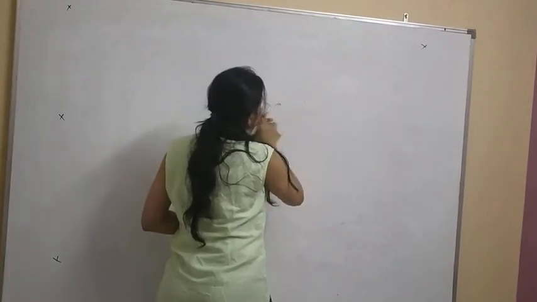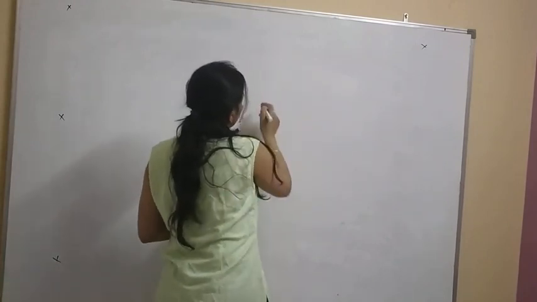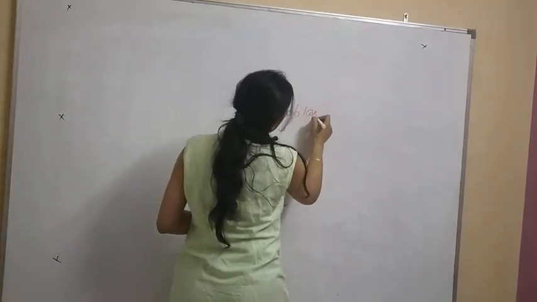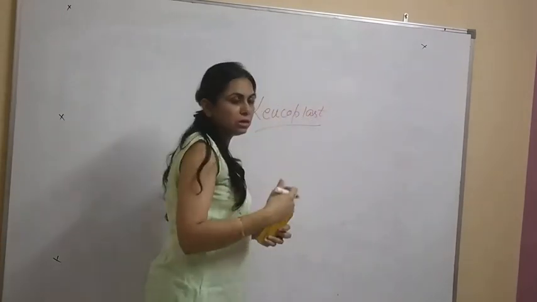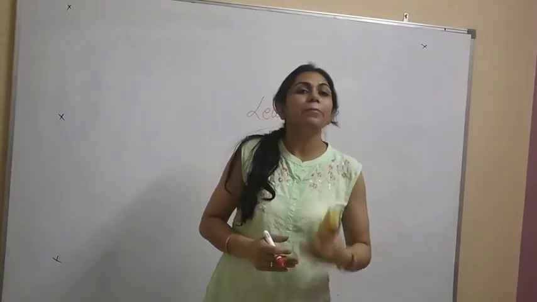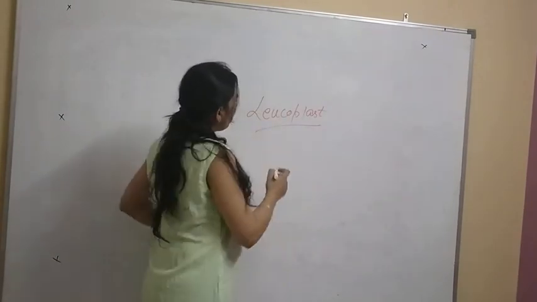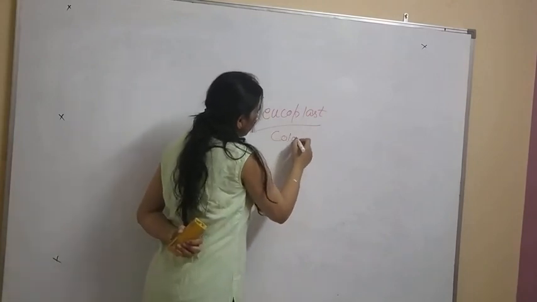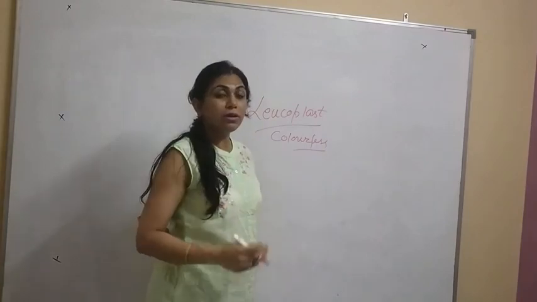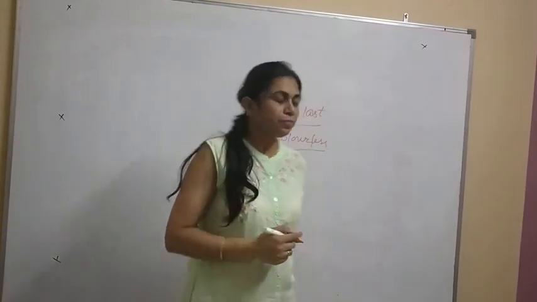Now the third one is the leucoplast. This is a colorless plastid. Chromoplast, chloroplast and leucoplast all come under the group plastid. Now the leucoplast is colorless because it doesn't have any color. What does it do? It helps in the storage of food.